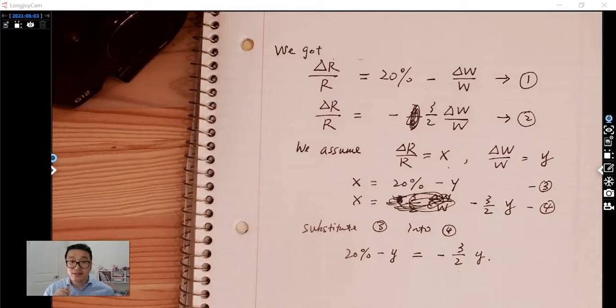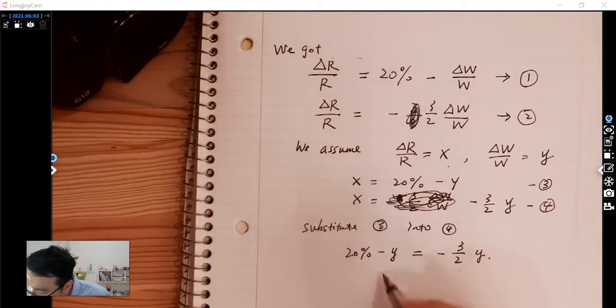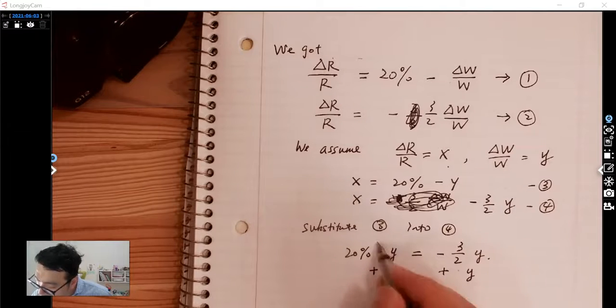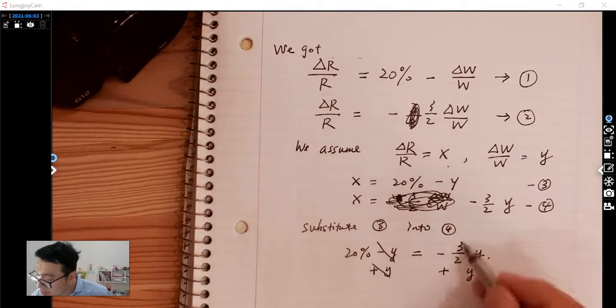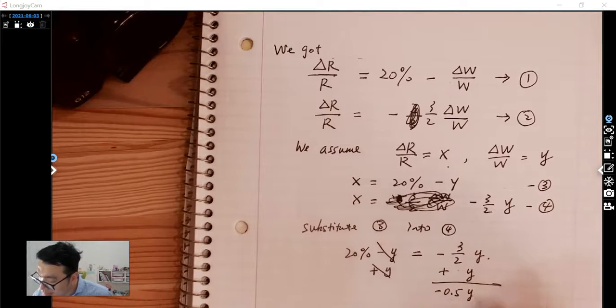Okay. All right. So in this case, we can add Y on both sides. So on the left hand side, the negative Y and Y will be cancelled, and the right hand side is negative 3/2 Y, which is negative 1.5 Y plus Y. So negative 1.5 plus 1 is negative 0.5 Y equals 20%.